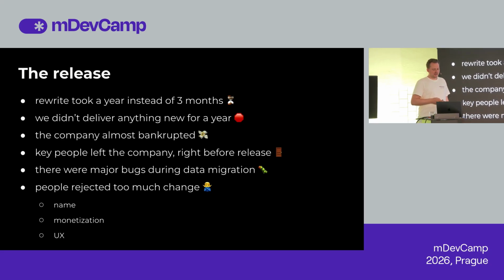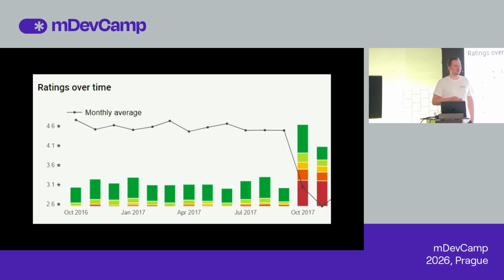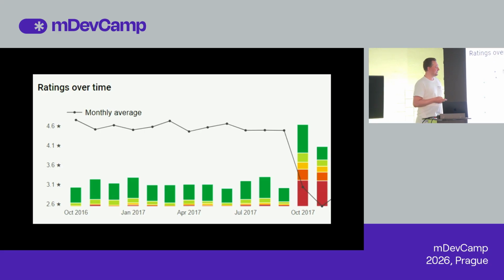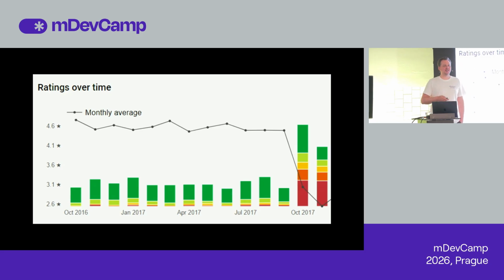So it was quite a nightmare release, and this happened with our rating on the Google Play Store. It was really bad. It was like a low point in our history. We thought, okay, we're just going to close the app and pretend it never happened.